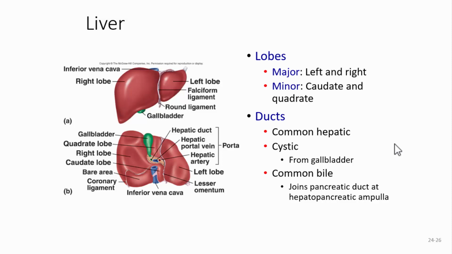We call that a cystitis, because again, a cysto being a fluid-filled sac. So since the gallbladder fits that bill, the duct coming off of it is going to be called the cystic duct. And so the common hepatic duct and the cystic duct come together to form the common bile duct. And then again, it joins with the pancreatic duct at the hepatopancreatic ampulla.